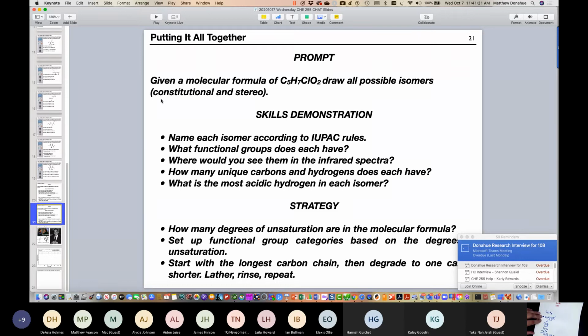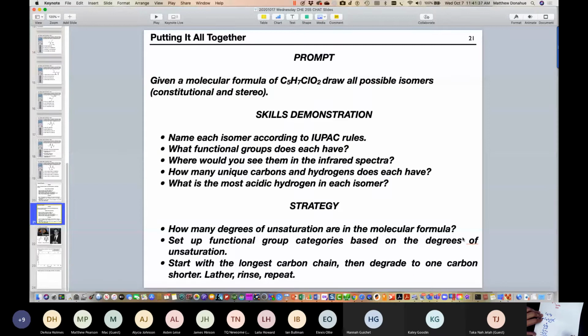Now, how would you go about doing this? Because there's going to be a whole bunch of constitutional isomers with 2 degrees of unsaturation. I would say a way to approach this in a logical fashion is to start with your C5s. Let me ask you a question before I just write it.